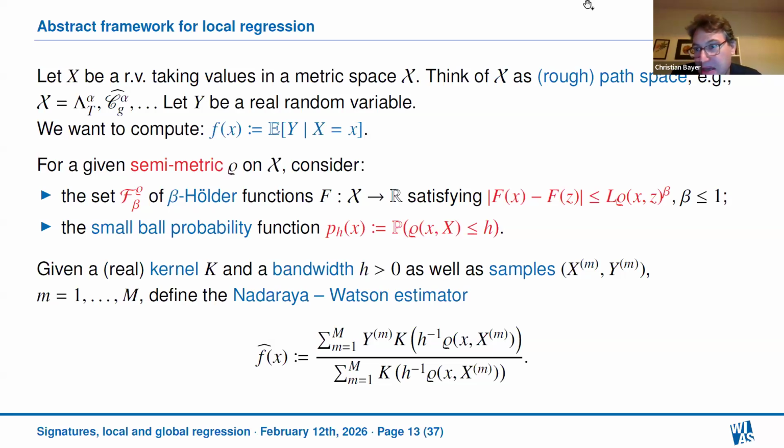So I would say this is more related to the regularity of the function rather than the regularity of the path. But of course, think about it in the finite dimensional analog. You have a generic function from R^d to R, and you want to approximate it locally by polynomials. It's not trivial at all to choose the degree of the polynomial, generally speaking. In the finite dimensional case, there is of course a lot of theory on what to do.